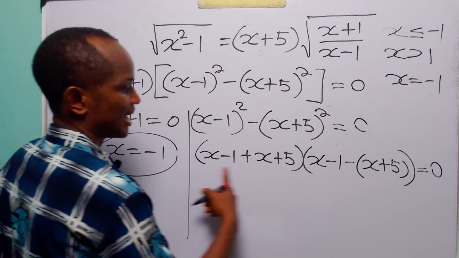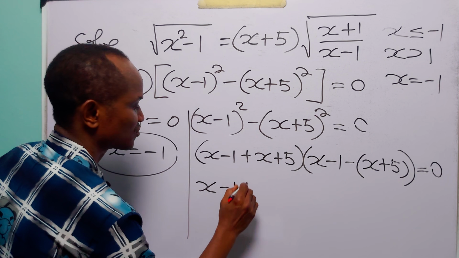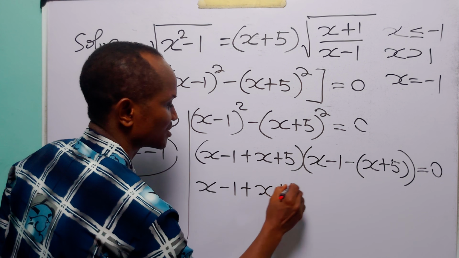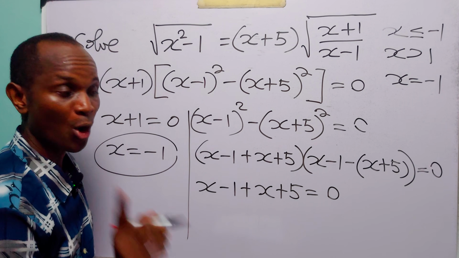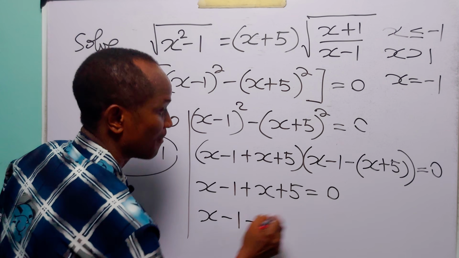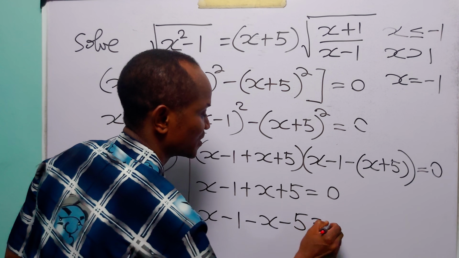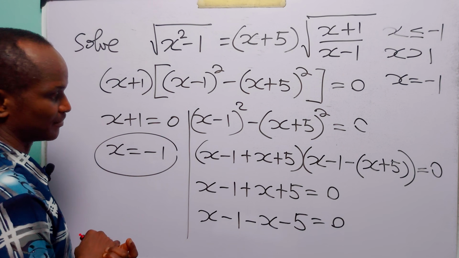And of course, now it's very easy to see from here that either x minus 1 plus x plus 5 is equal to 0 or x minus 1 minus x minus 5 is equal to 0.